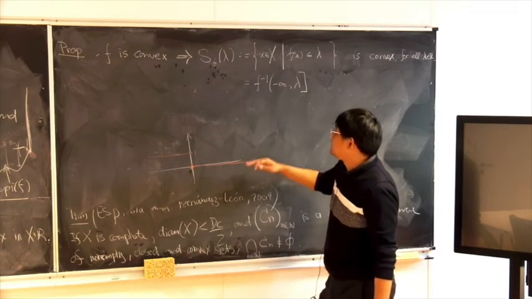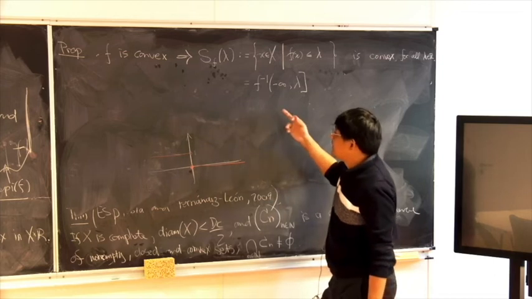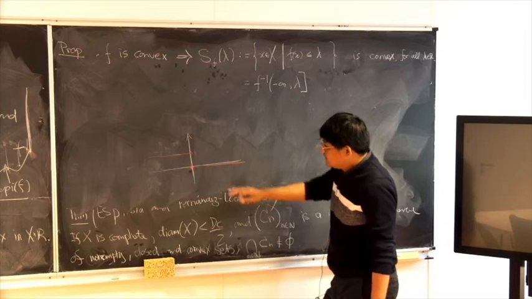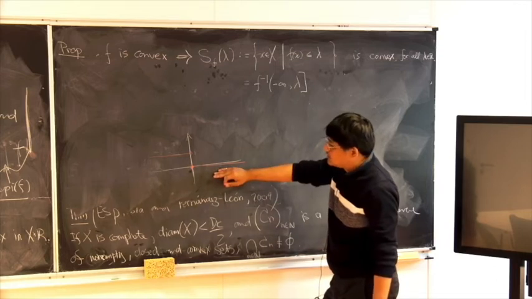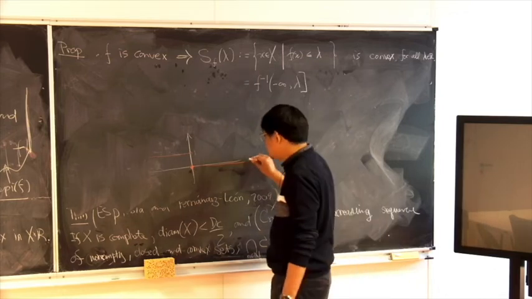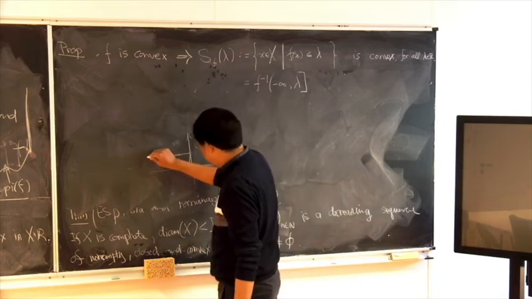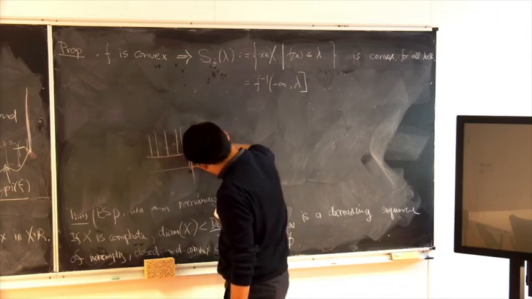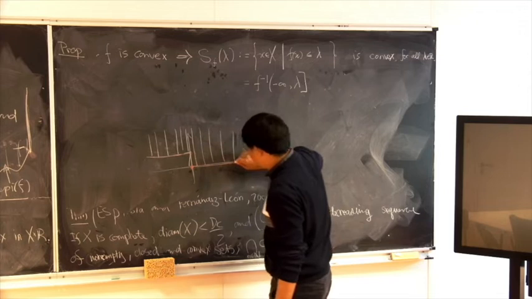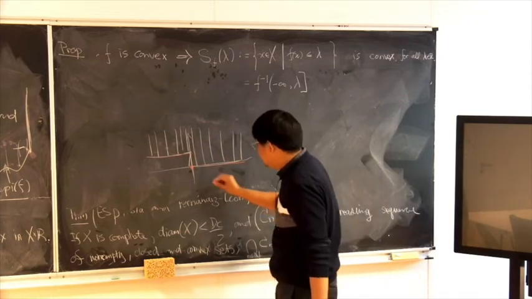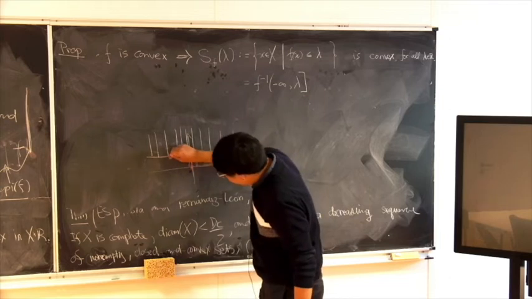You can see that every sublevel set is a convex set, but this function is not a convex function, because when you take the epigraph, okay, so this is the epigraph. It's not a convex set because you can take, for example, points here and here.